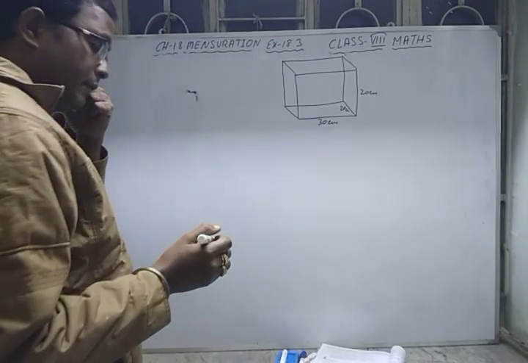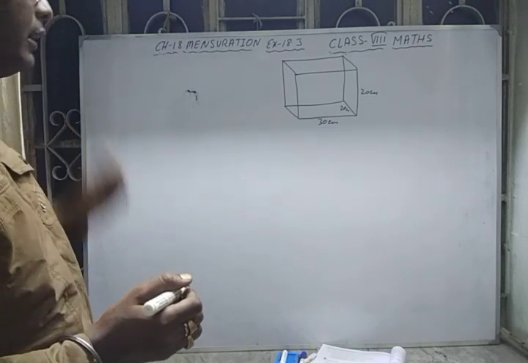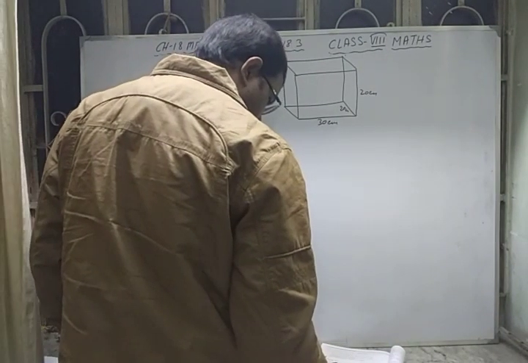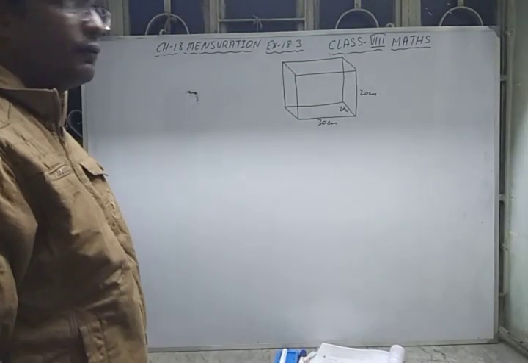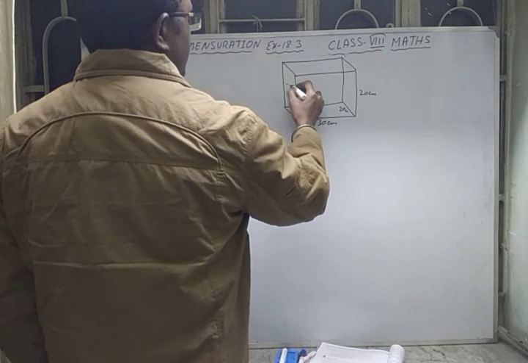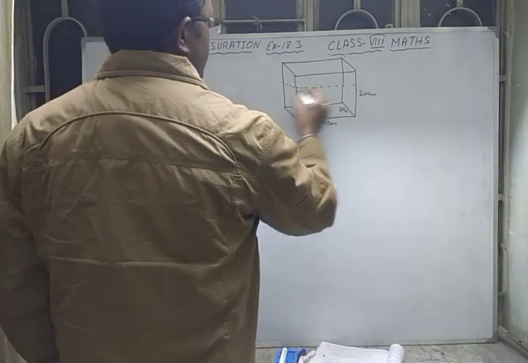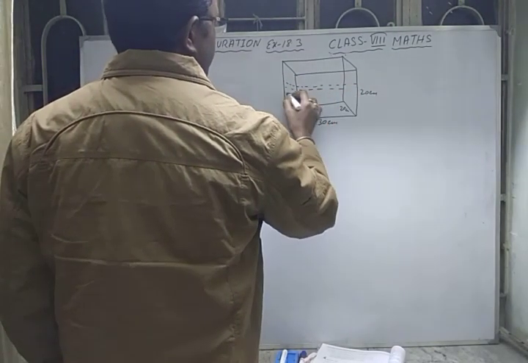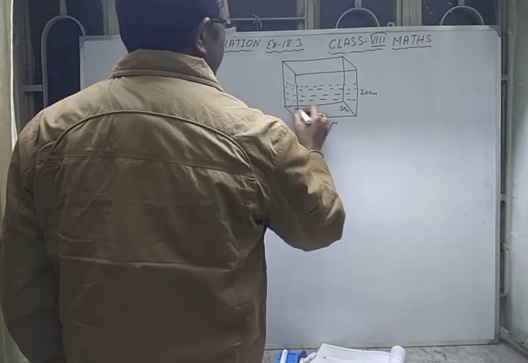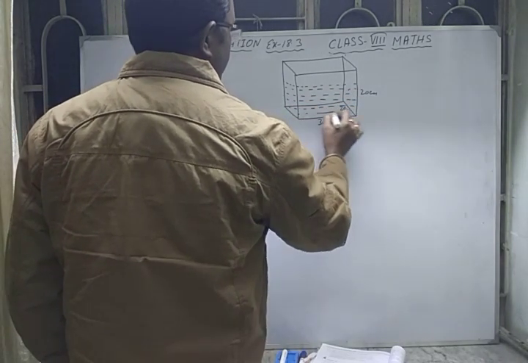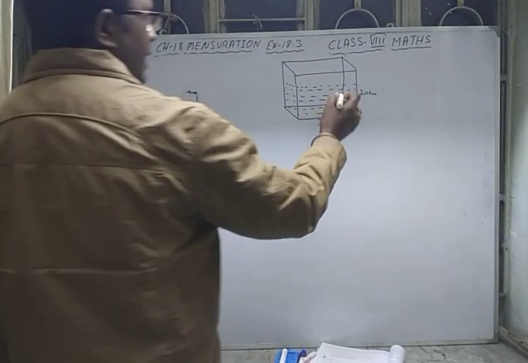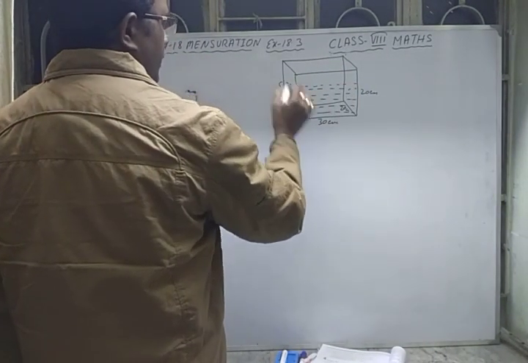The tank is filled with water, but not completely. It's 3/4, which means up to 3/4 of the height the tank is filled with water like this. That means only up to this height the water is filled.